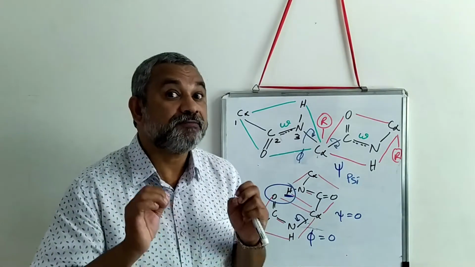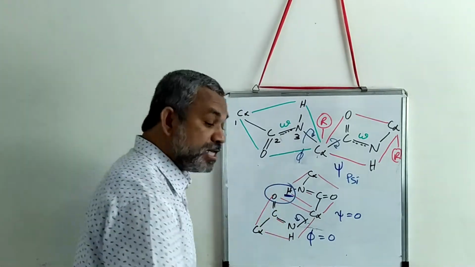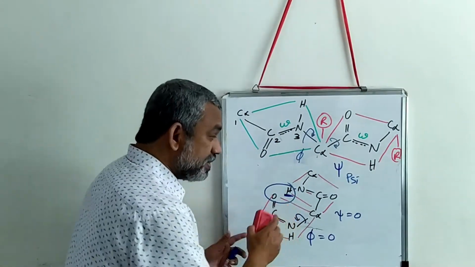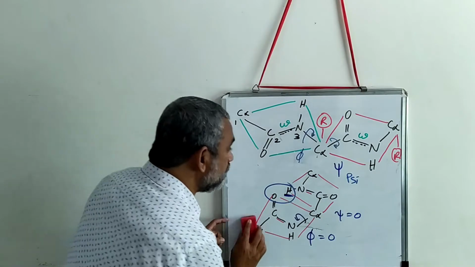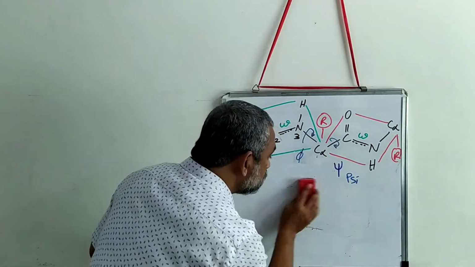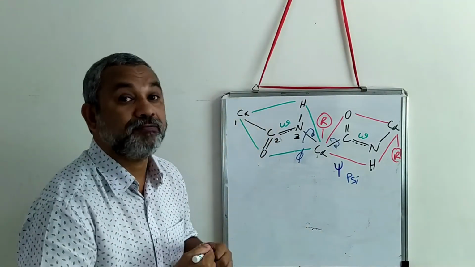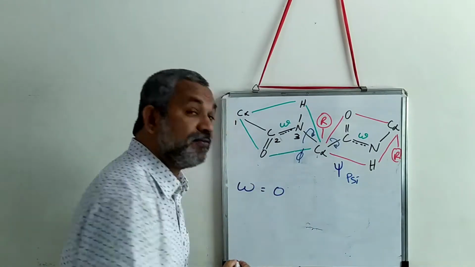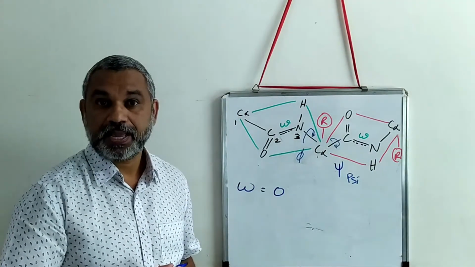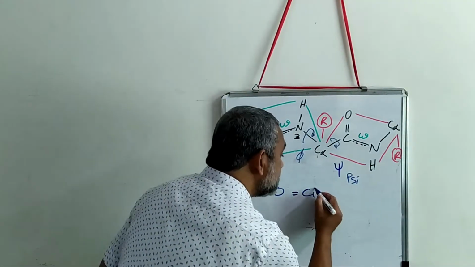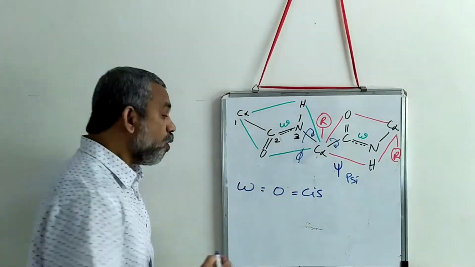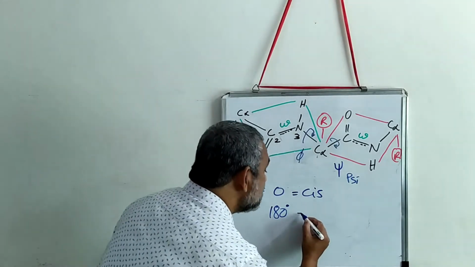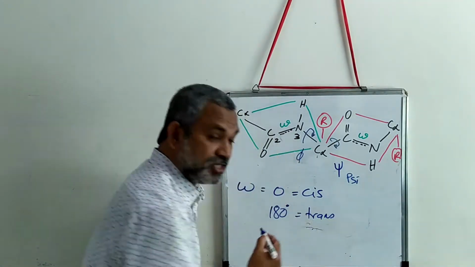So what are we learning from all this? In the case of the omega bond, there are two possibilities. One is omega equal to 0, that is when it is a cis conformation. Or it can be 180 degrees, that is in the case of a trans conformation.